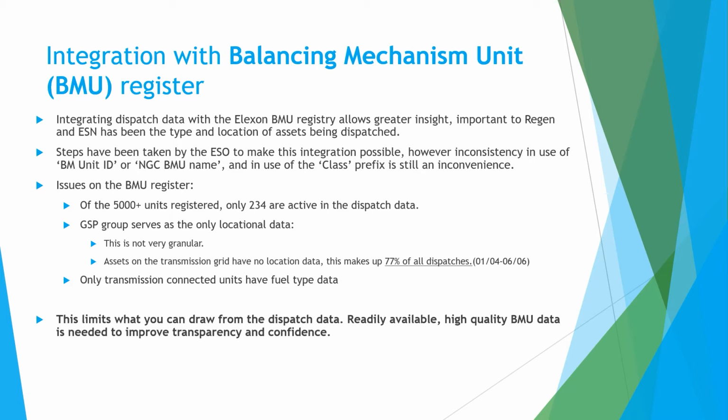So from the outset, if you're using the Elexon balancing mechanism unit register to get insight into this dispatch data, you have some holes, and readily available high quality BMU data is needed to improve transparency and confidence.